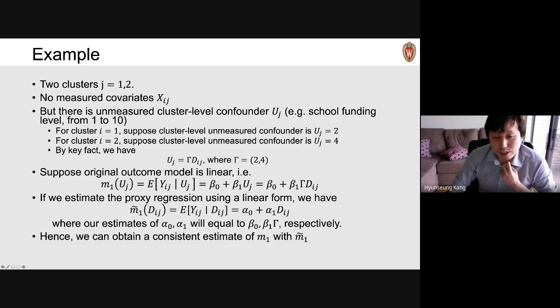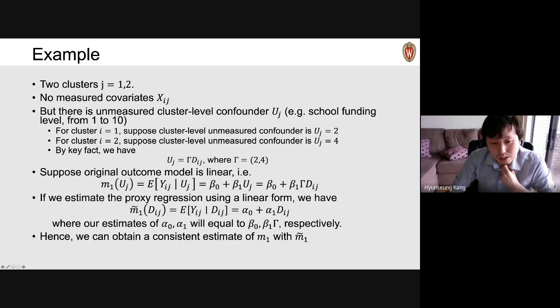Again, we won't be able to train this model because we never observe U_j. However, because we know that U_j has to equal some gamma times d, suppose we have a proxy regression that uses d. If you write out this proxy regression and use linear regression to estimate it, it's going to have the form alpha_0 plus alpha_1 d_j. But based on the relationship between U and d, you know that alpha_1 has to be a multiple of beta_1 times gamma.